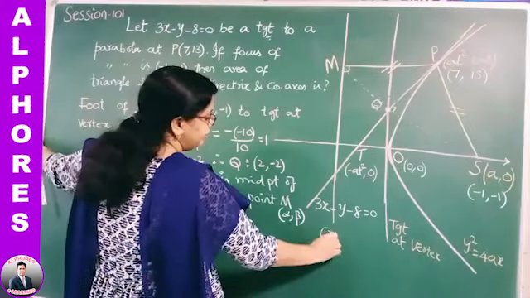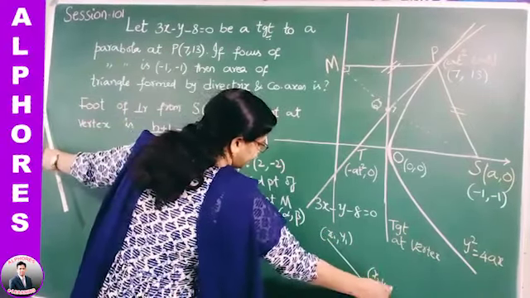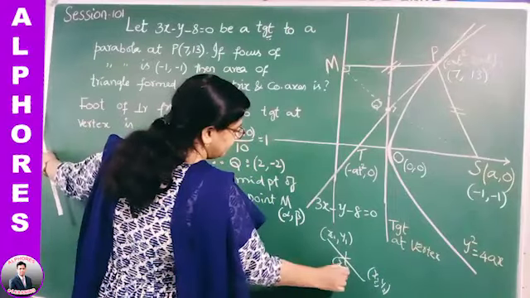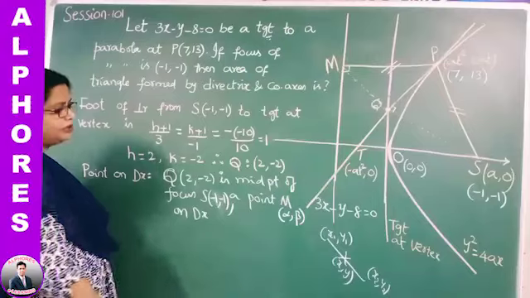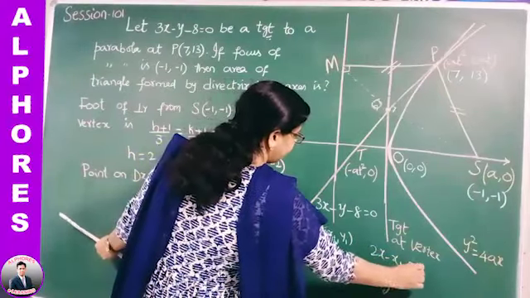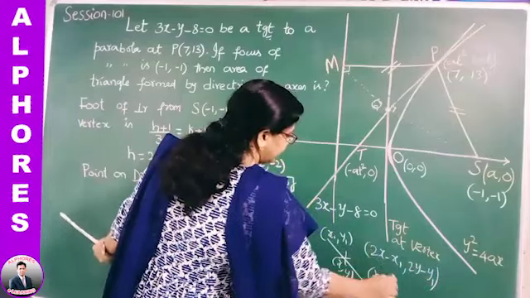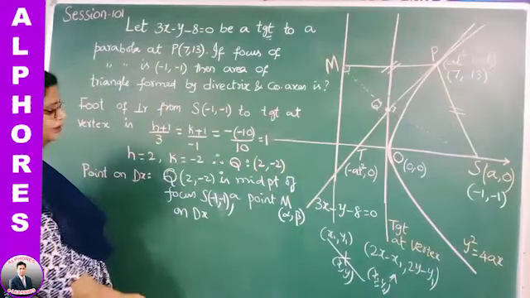If (x1, y1) and (x2, y2) are the 2 points, and this is our point (x, y), the middle point, then to find (x2, y2), simply you can write (2x minus x1, 2y minus y1). So directly you can find this (x2, y2), the other end.